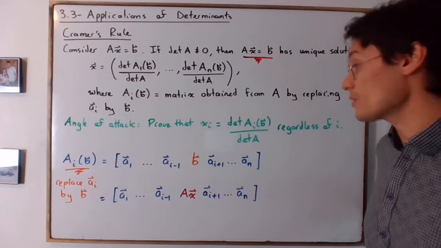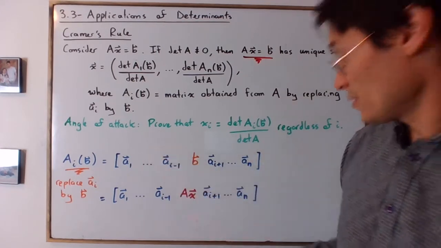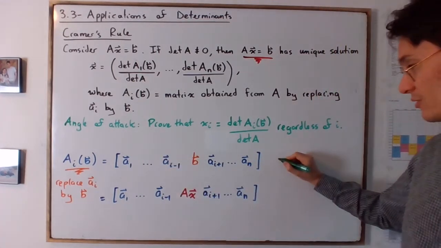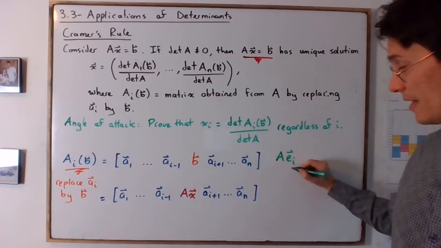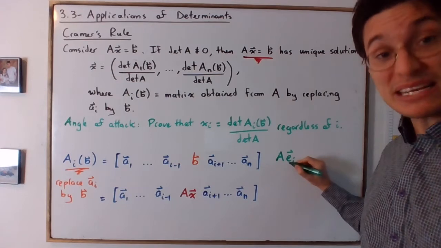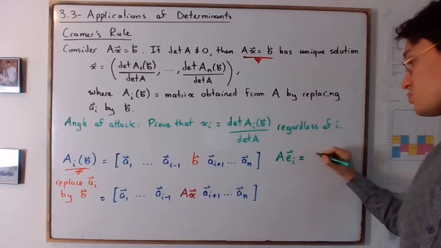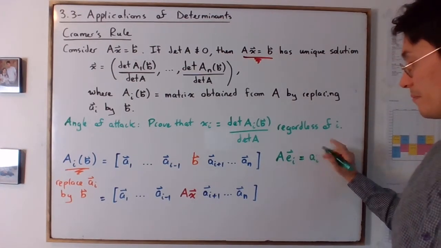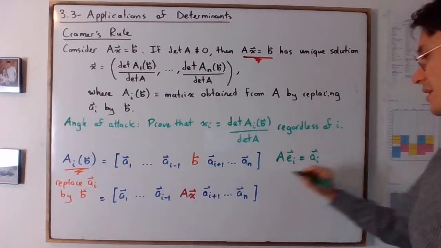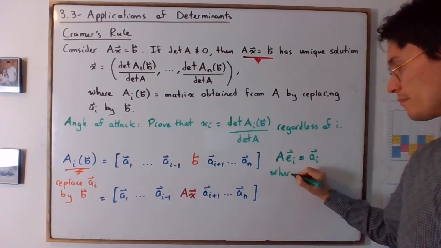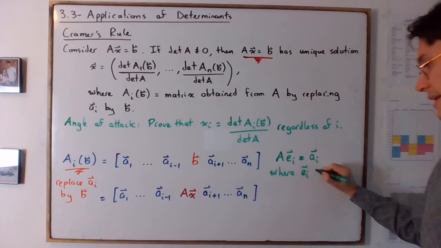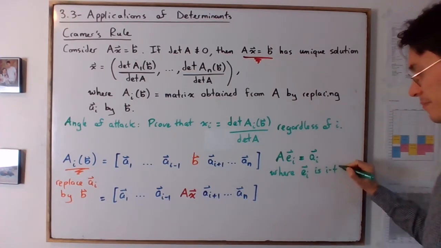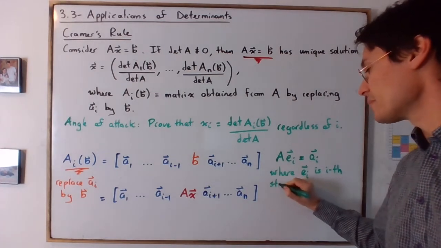Now look at this. We can say that A times Ei, where Ei is the ith standard basis vector, will be equal to Ai.